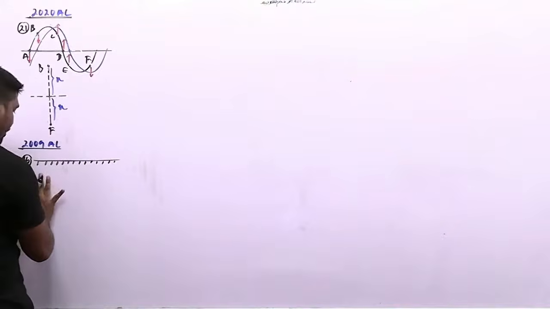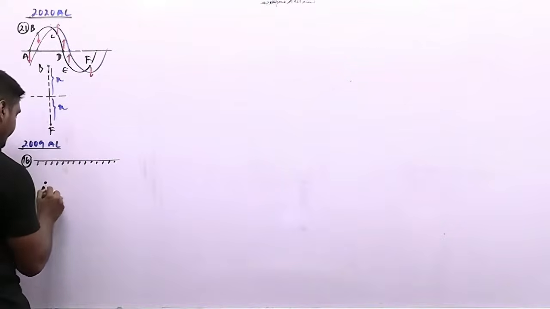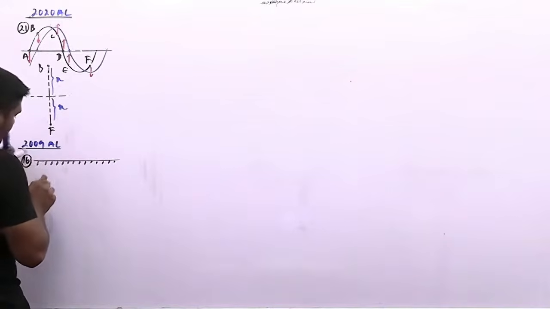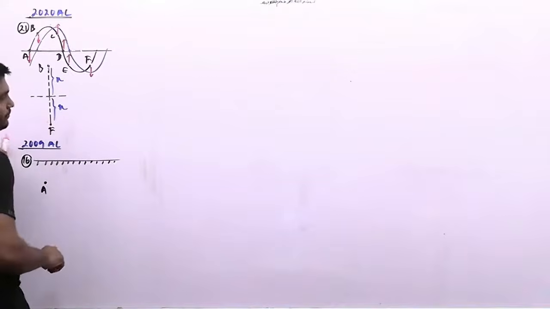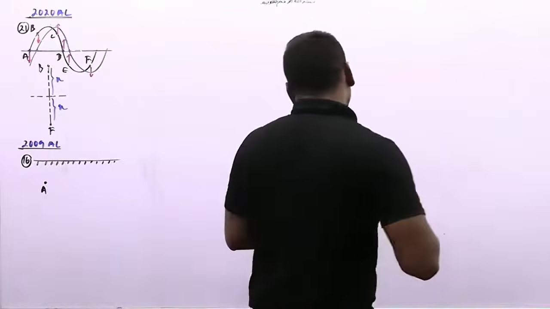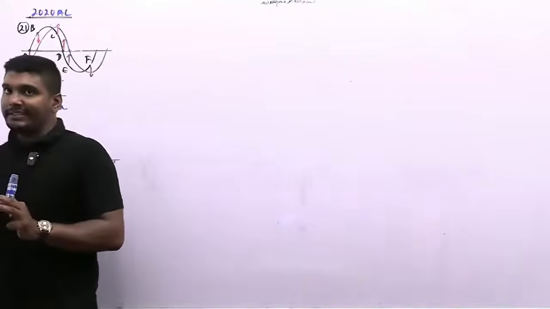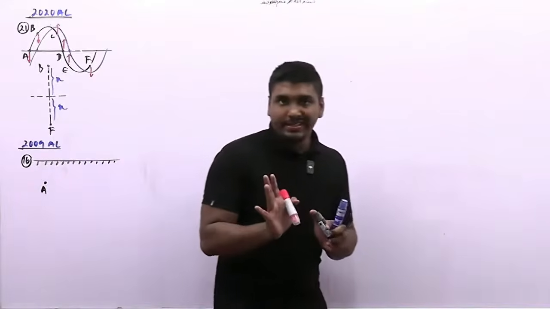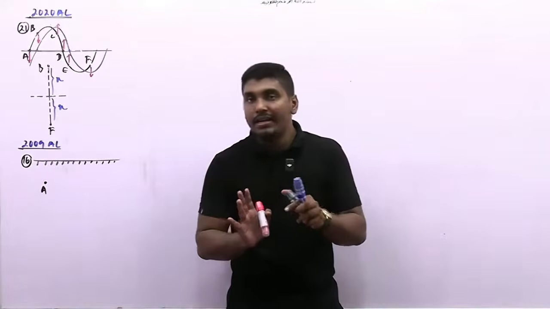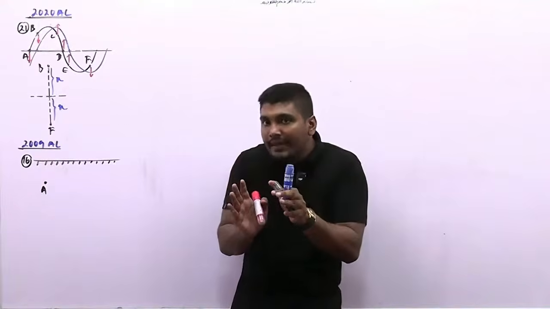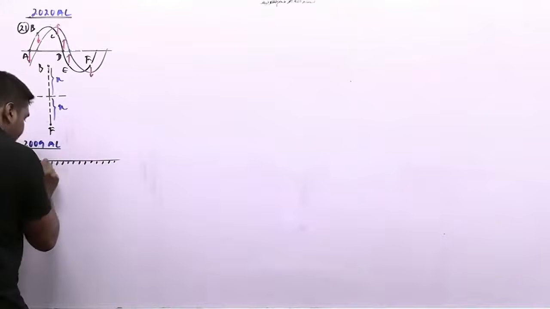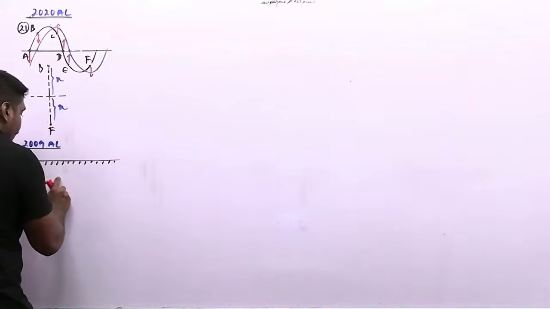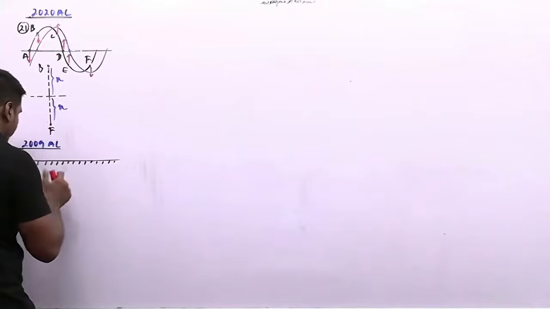Let's say the insect is at location A. When t equals 0, the insect produces two waves. One is a transverse wave propagating with a velocity of 50 m s^-1. The other is a longitudinal wave propagating with a velocity of 150 m s^-1.